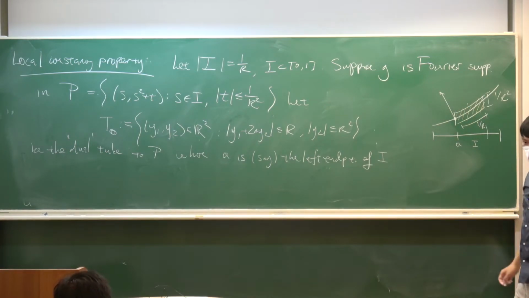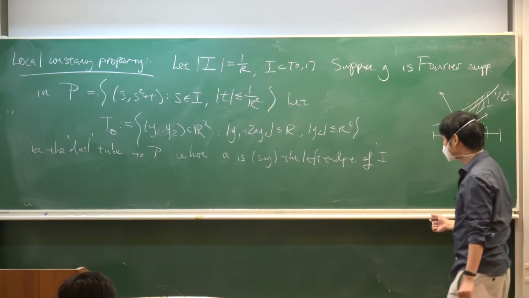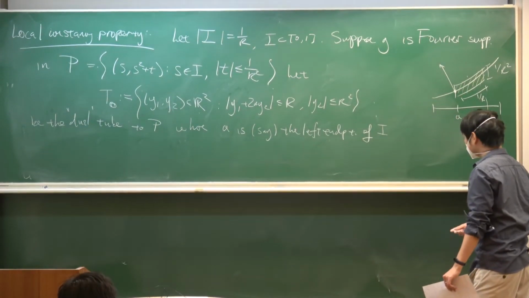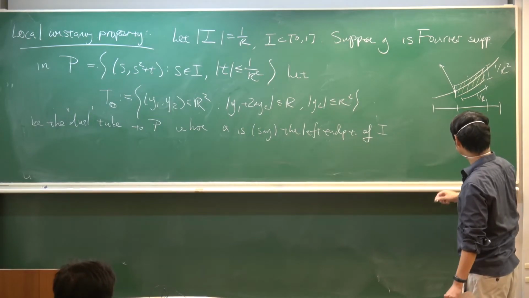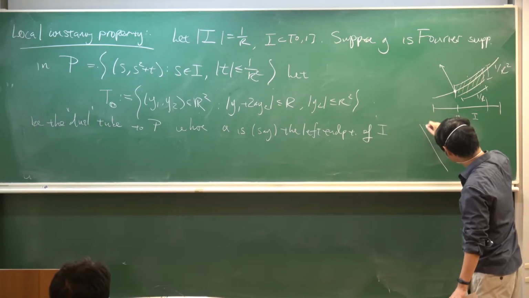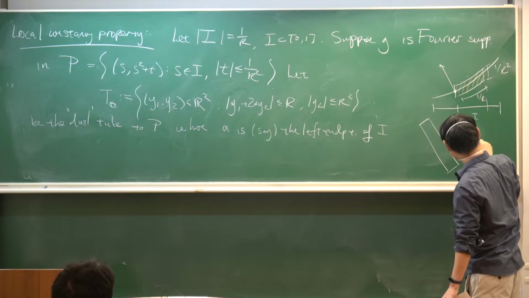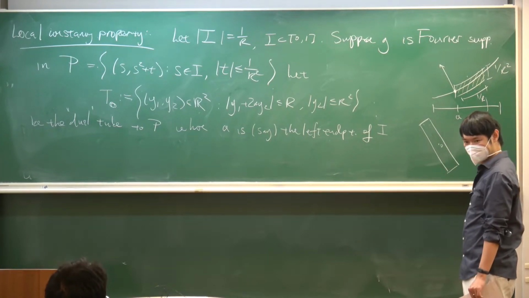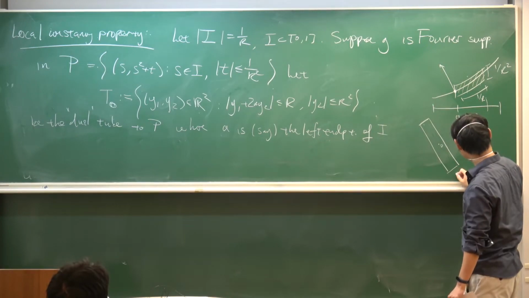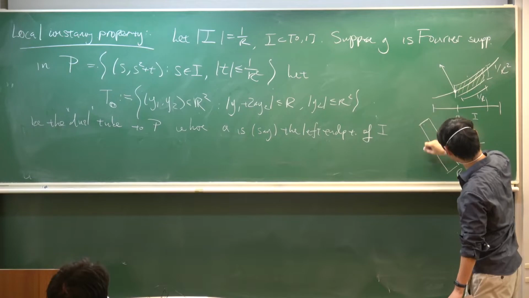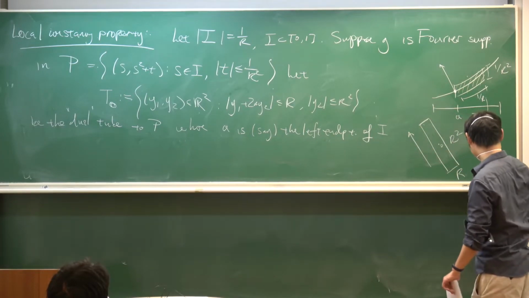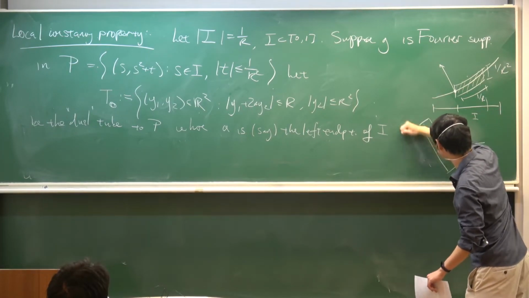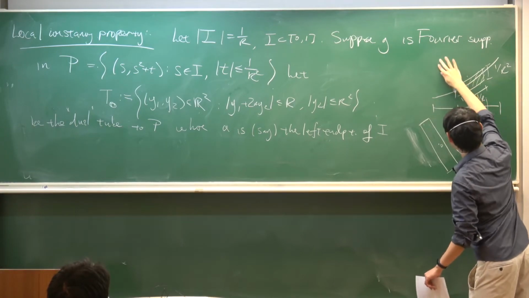You can compute what it is. What's T naught? T naught is this rectangle, centered at the origin, that is r by r squared pointing in the same direction.